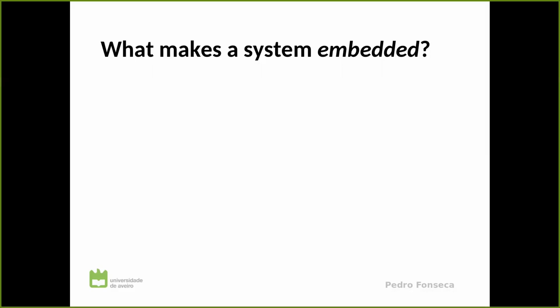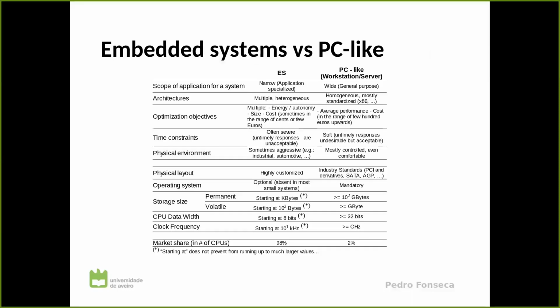PC-likes are more like general purpose systems, and PCs are made to work inside homes and in controlled environments, and embedded systems many times work in hard conditions. And so I have here some of the possible answers for the table that I presented you.